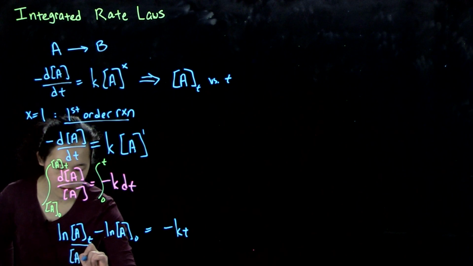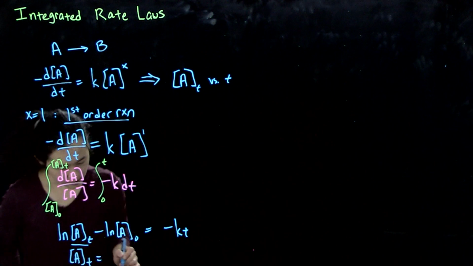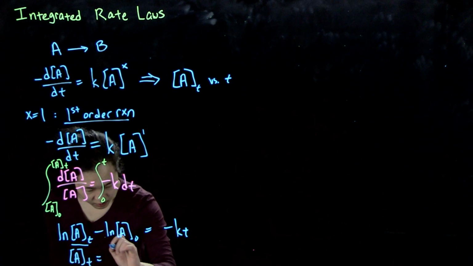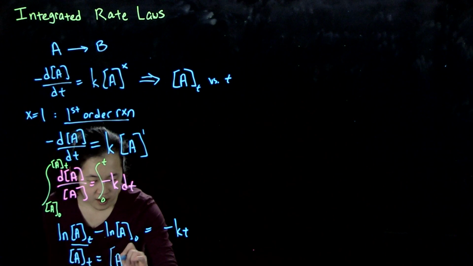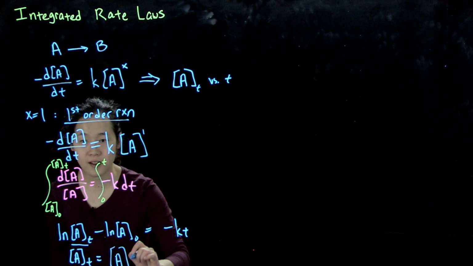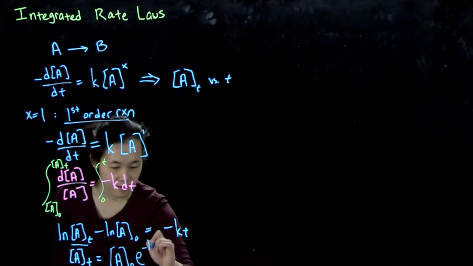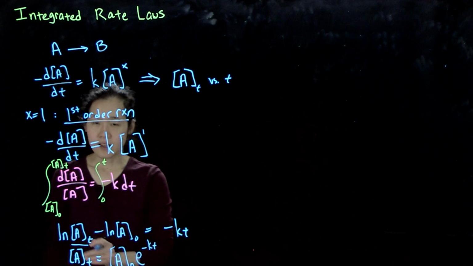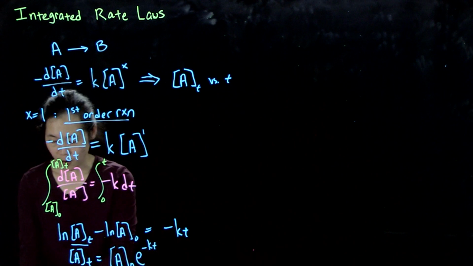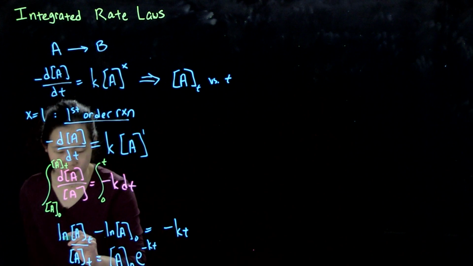So then we get A_t equals the initial concentration of A, A0, times e to the negative kt. So this is the integrated rate law for a first order reaction.